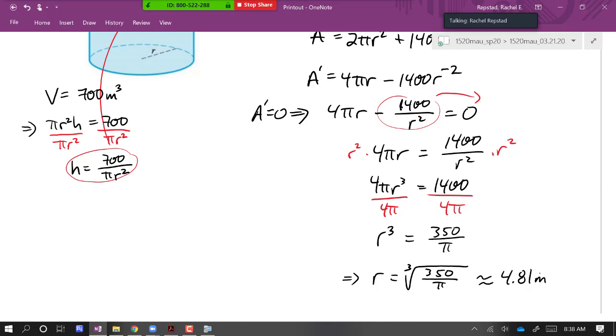Hopefully that minimizes the surface area and doesn't maximize. But we got to verify that. So let's verify that this radius gives a minimum.